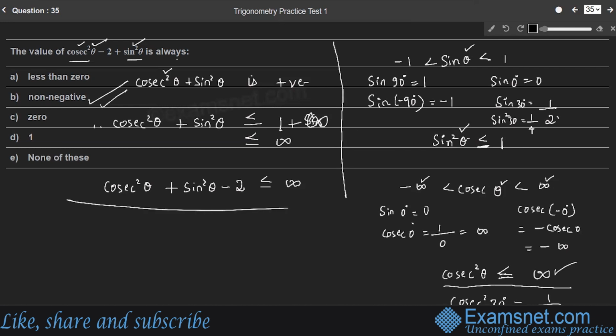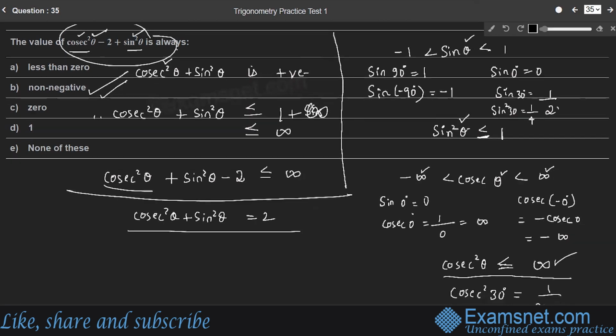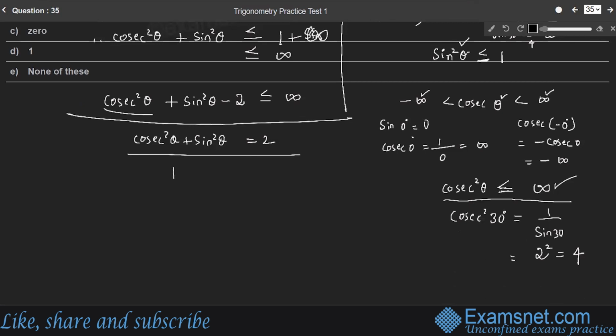So when is it equal to 0? When the sum of cosecant square theta plus sine square theta is equal to 2, then this expression becomes 0. When is that possible? When cosecant square theta is equal to 1 and sine square theta is equal to 1.